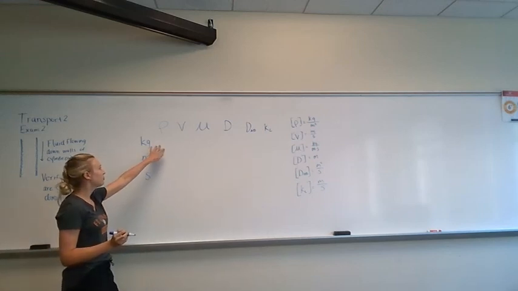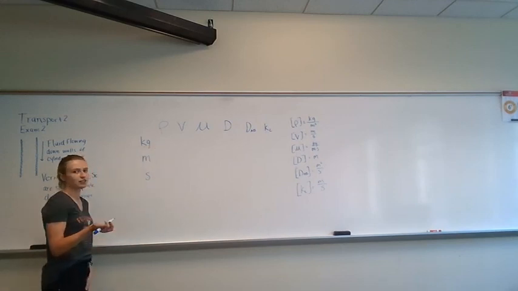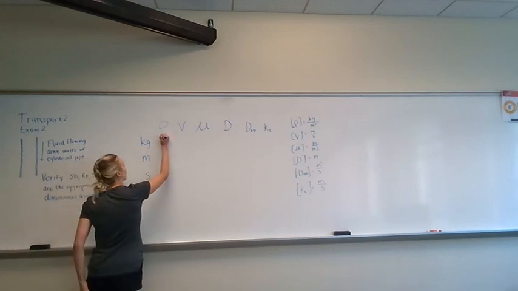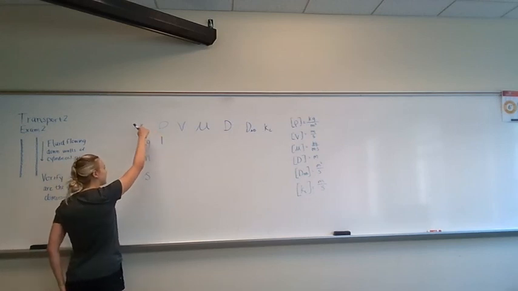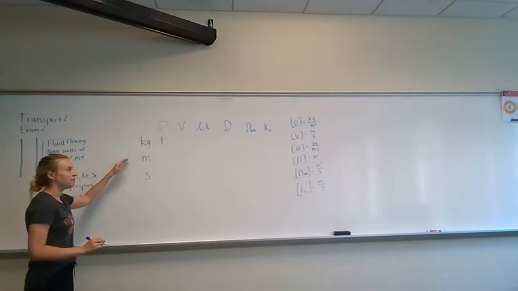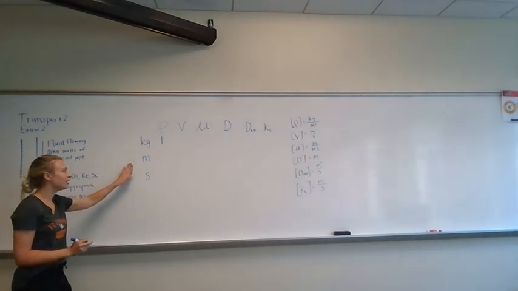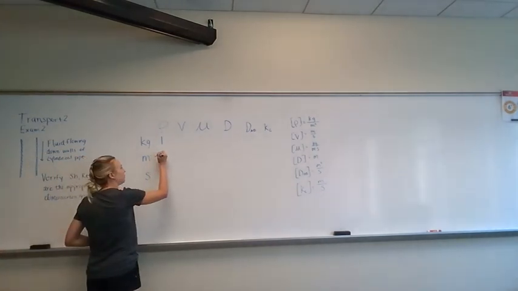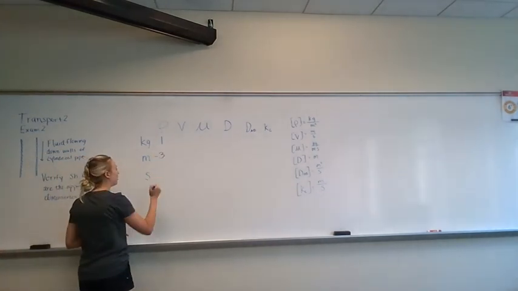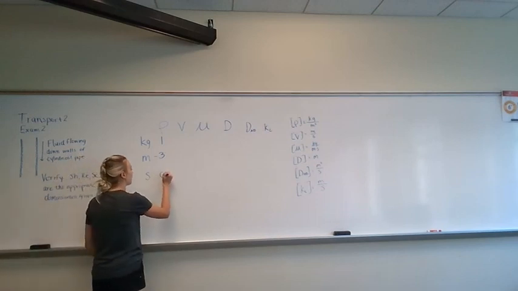For example, density is in kilograms per cubic meter. So kilograms is to the first power, and we put a 1. Meters is to the third power in the denominator, so it would be meters to the -3 power. And there are no seconds, so seconds would be to the 0 power.